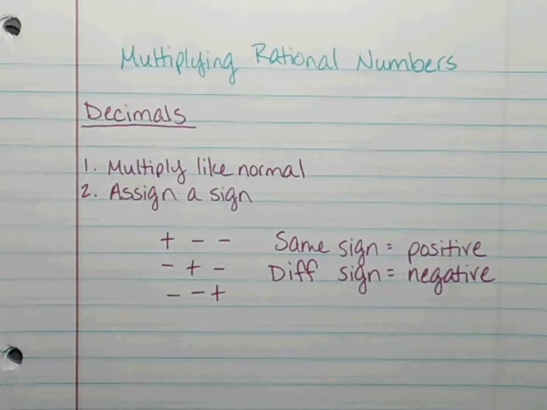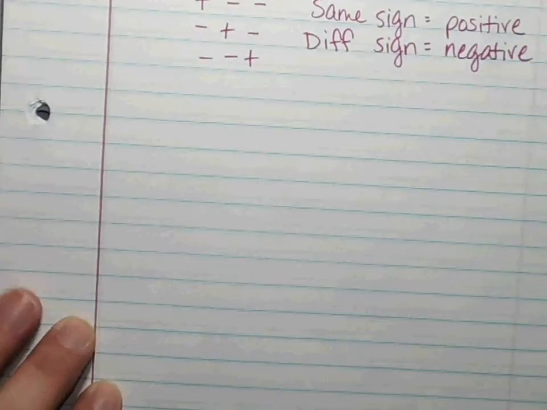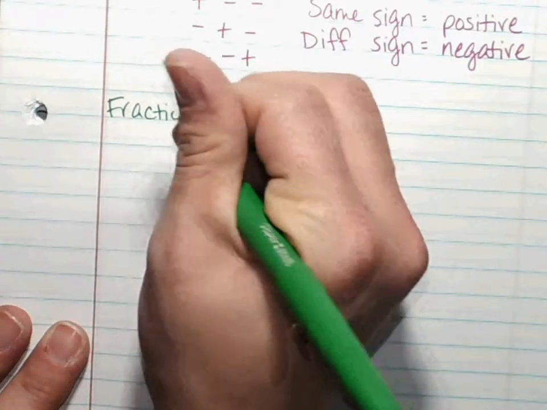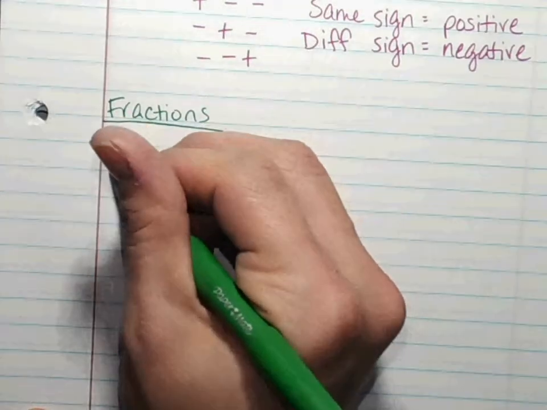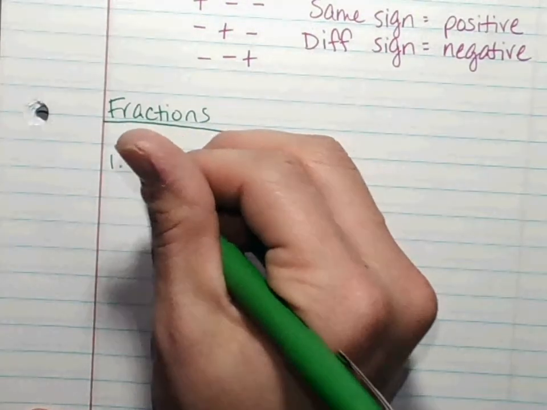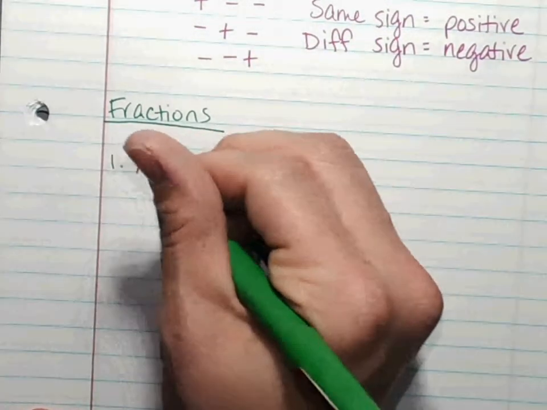All right, next half, fractions. Same thing. I wish that you could multiply mixed numbers and it would work, but it doesn't. So you have to change mixed numbers to improper fractions.